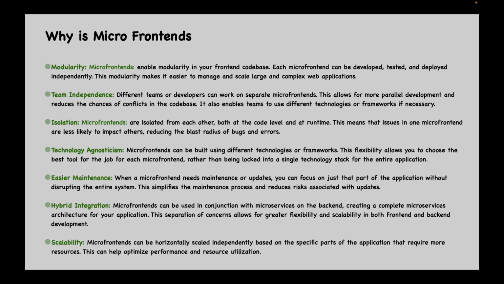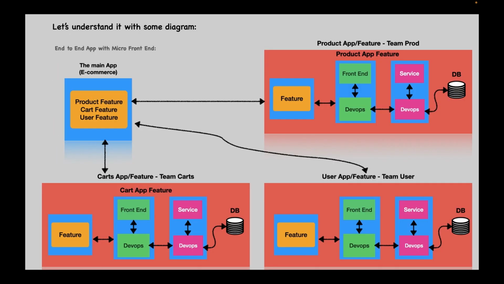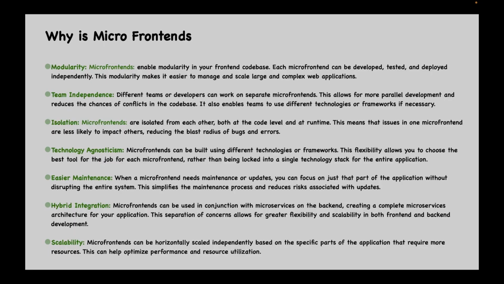It is team independent and technology independent, and as it is technology independent and a separated architecture, each smaller application, like here the product application, the cart application, and the user application, can be tested separately and with a separate team.